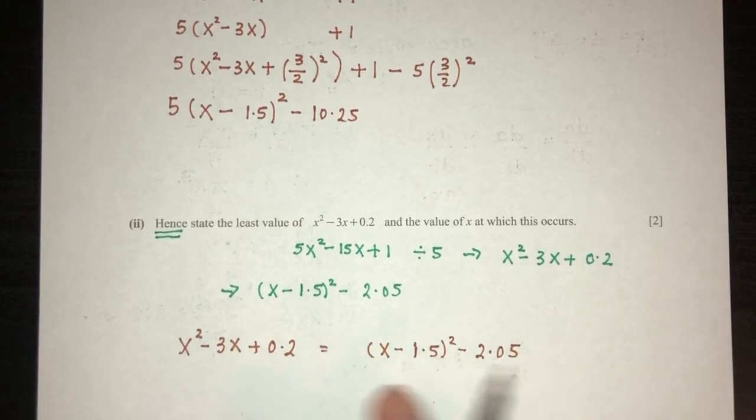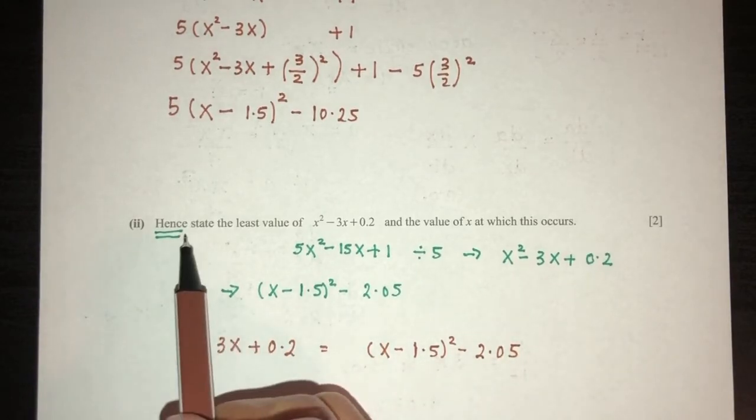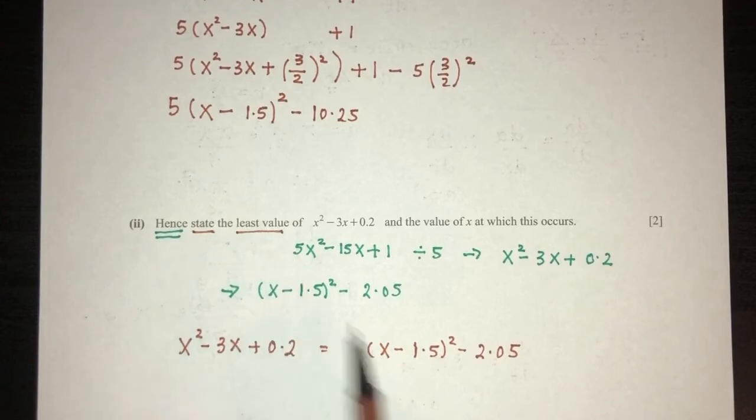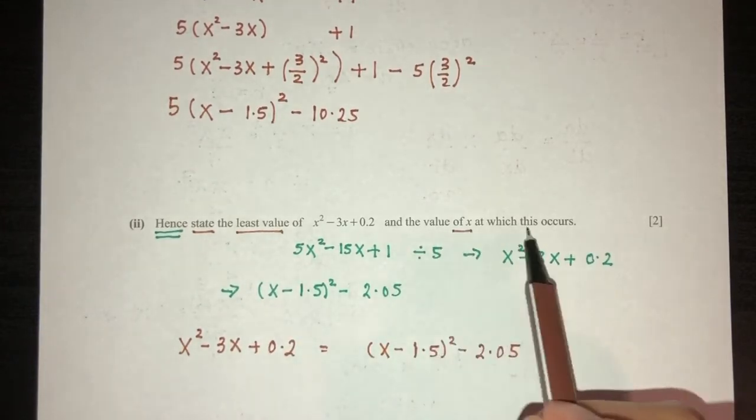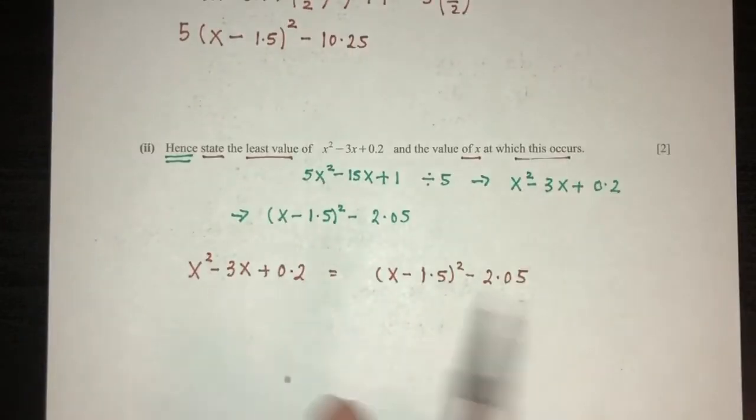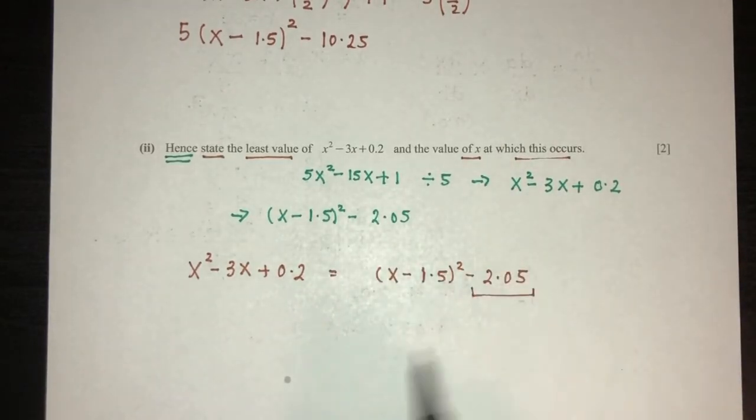Now using this, we have to find what? State the least value of this and the value of x at which it occurs. So pretty easy, since you have the complete square form already. This is the least value, and this is the value at which it occurs.